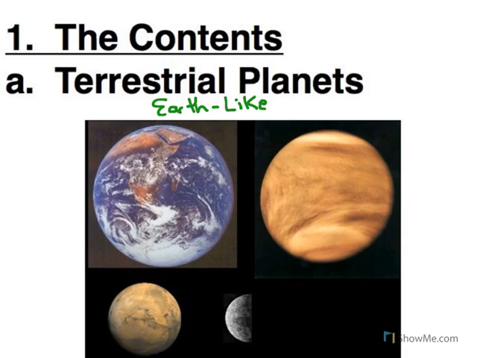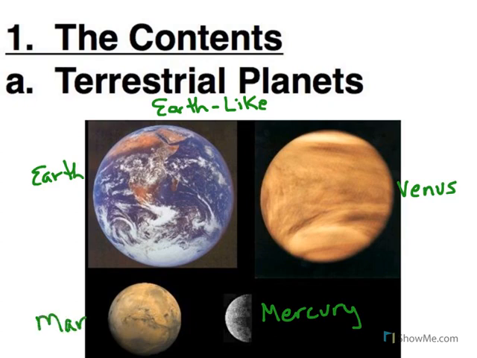So our terrestrial planets, we've got down here Mercury, first planet that orbits the sun, then Venus, of course Earth, and Mars. So these 4 constitute the terrestrial planets.